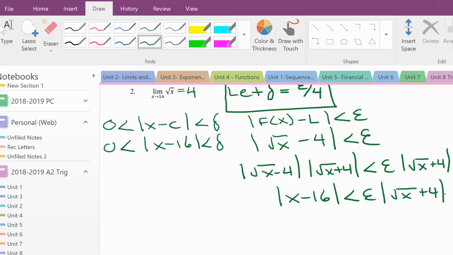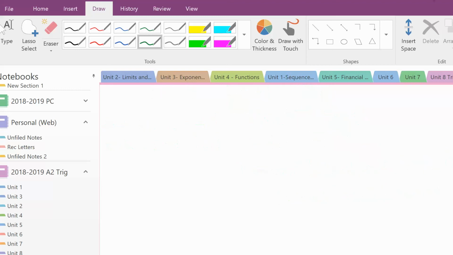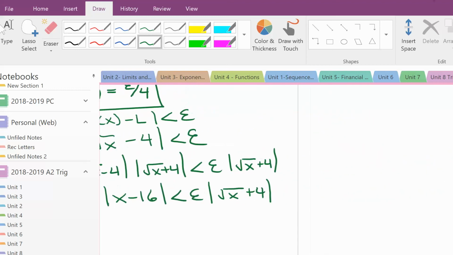Now we need to figure out what the square root of x plus 4 can equal. Remember, we're taking the limit as x approaches 16, and the limit is equal to 4.